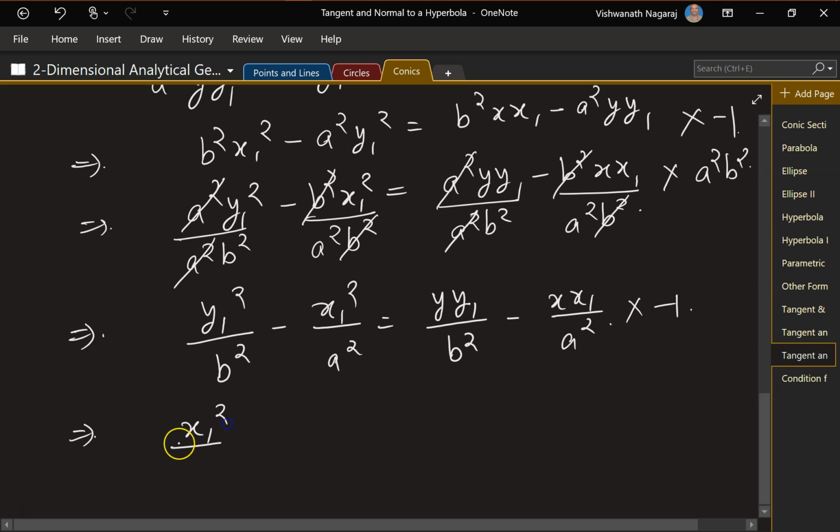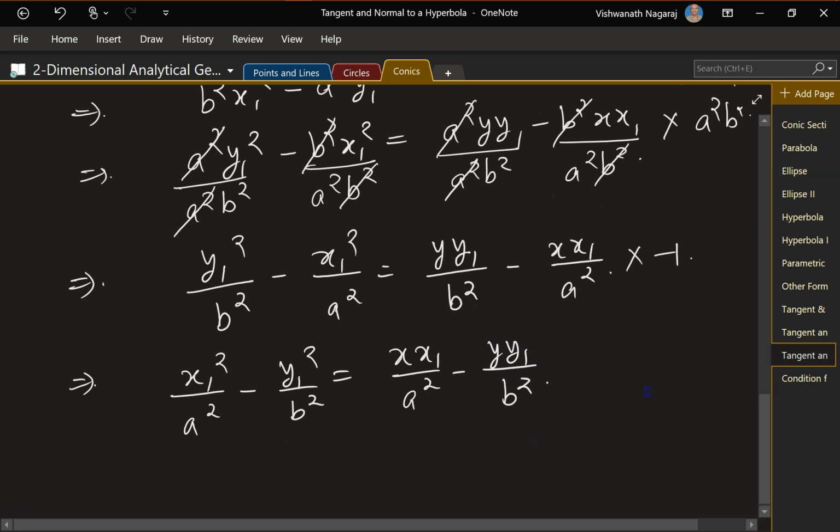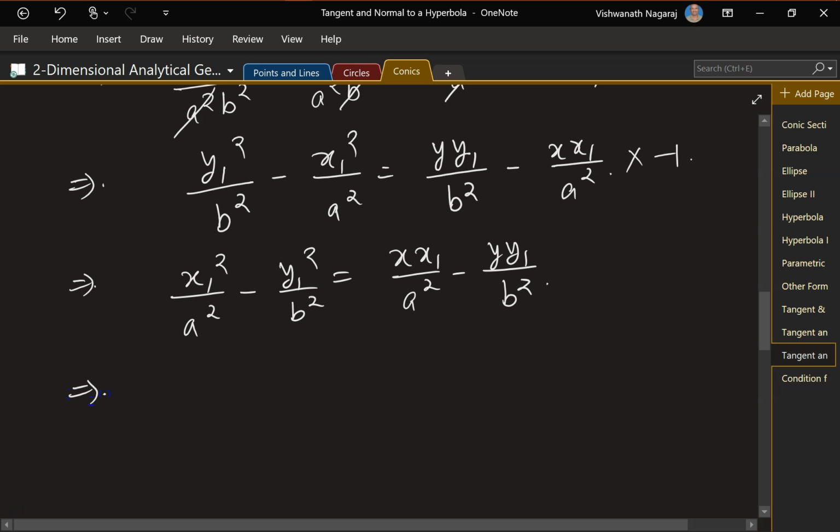So now what happens is x1 squared by a squared minus y1 squared by b squared is equal to x1 x by a squared minus y1 y by b squared. Now this is 1, right?